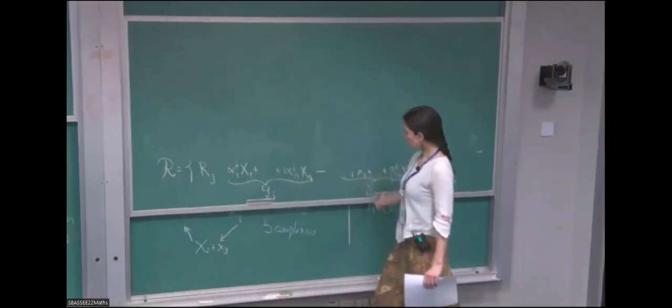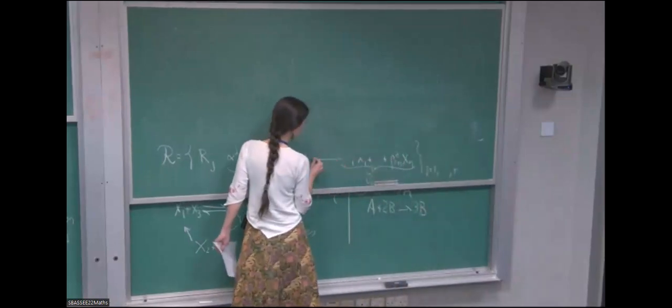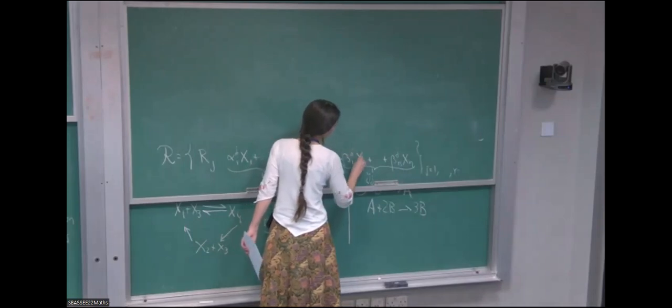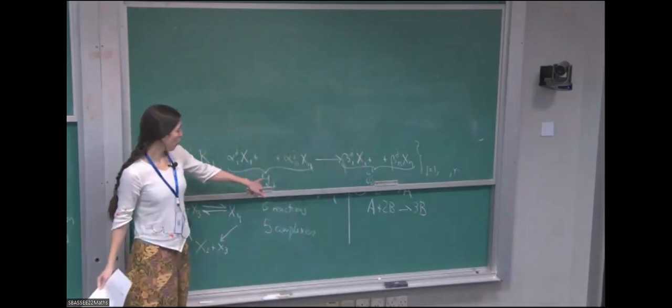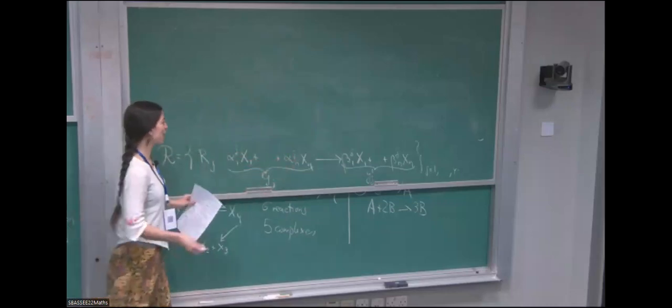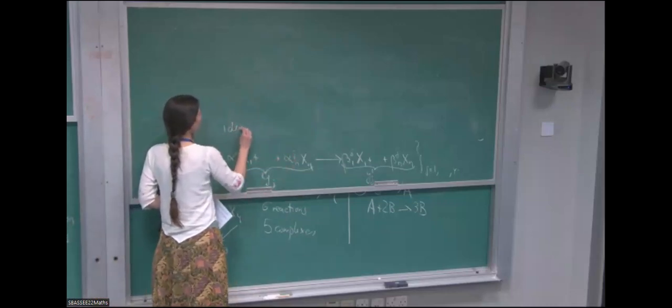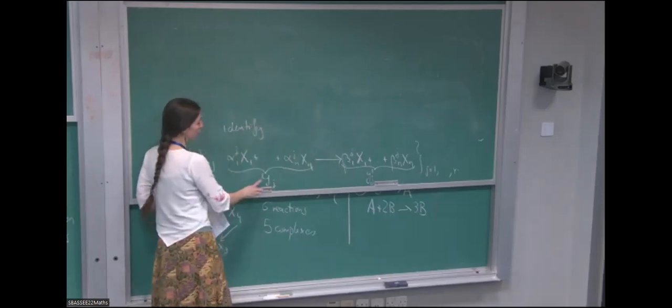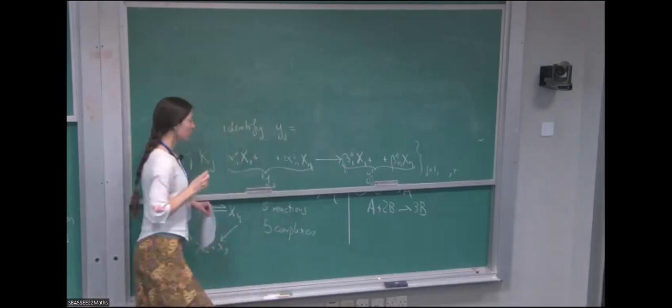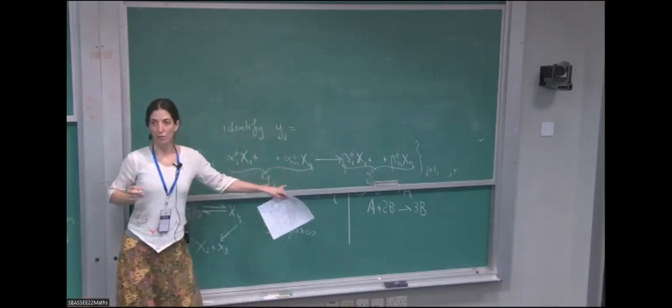So now when I wrote the complexes here, I said I call Yj this linear combination, but I will actually identify this with a vector of the coefficients of this complex.